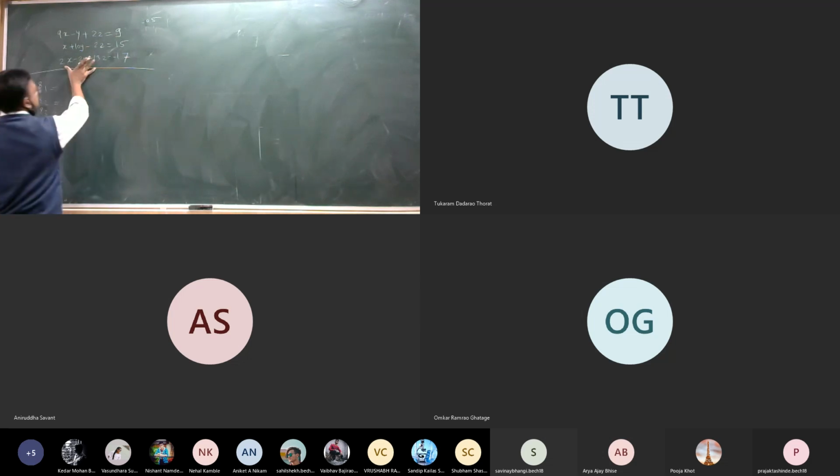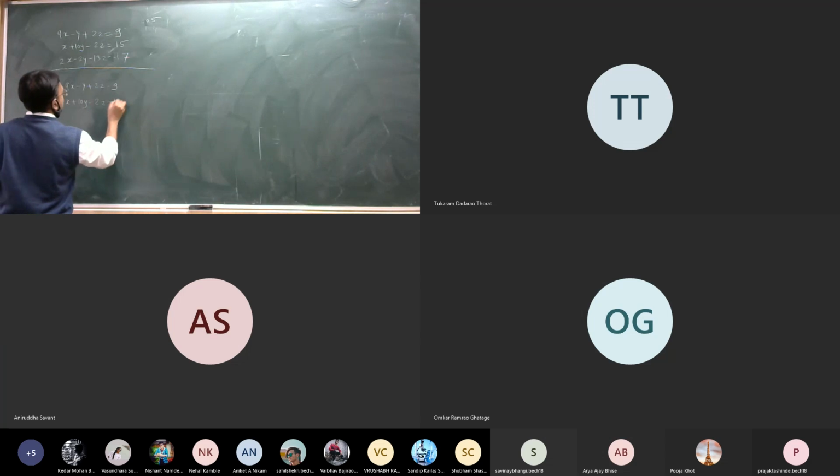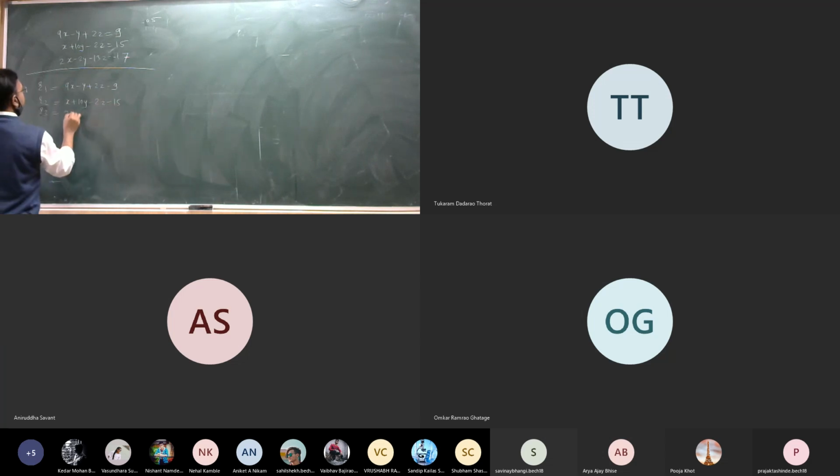Instead of doing this minus here, these elements can be moved from the right side to the left side. So the residual equation can be written this way also. I am just explaining the second method.